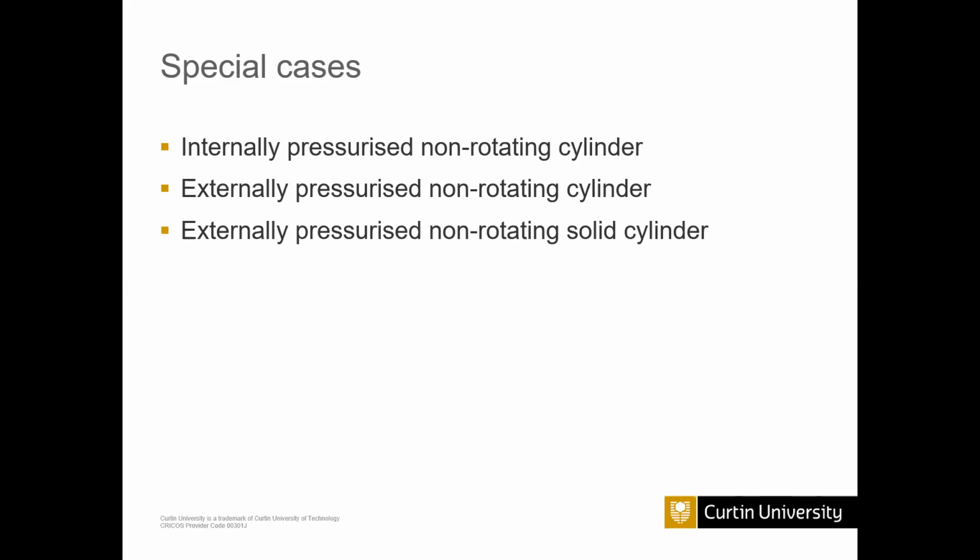So if there is an internal radius, that means it is a hollow cylinder. In the solid case, Ri equals 0. That is a solid cylinder. These two belong to hollow cylinders, and this is the solid cylinder.